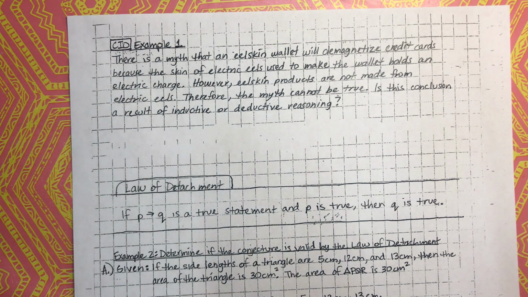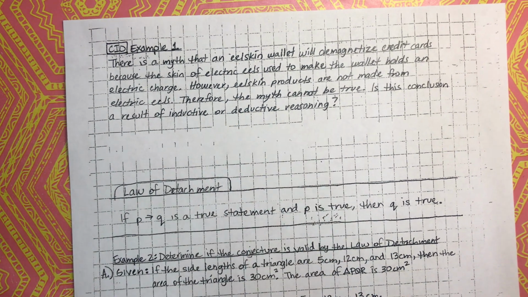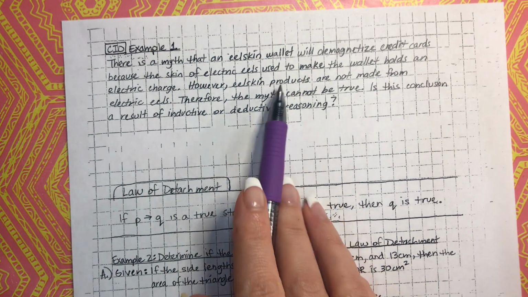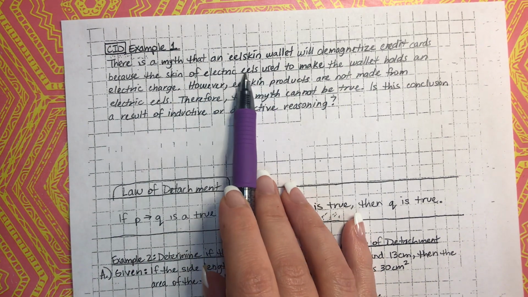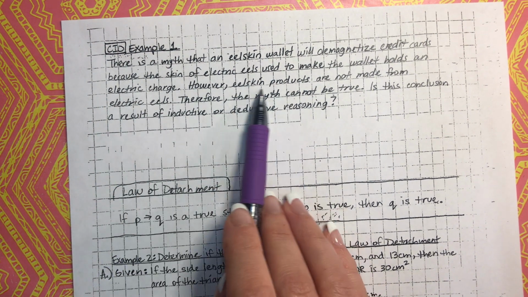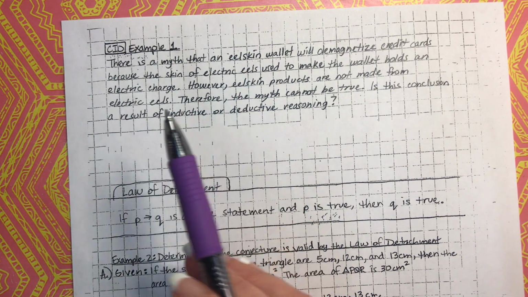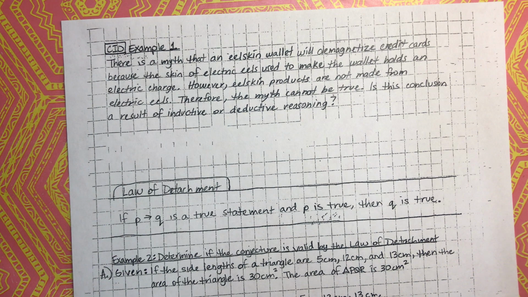So, what do you think, inductive or deductive reasoning? This is using deductive reasoning because it's using facts. It says that electric eels hold an electric charge. However, it's saying any products made with eel skin are not made from electric eels. So this myth cannot be true because they're not even using electric eels.